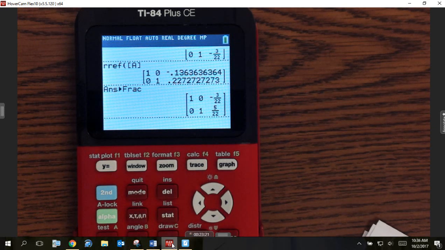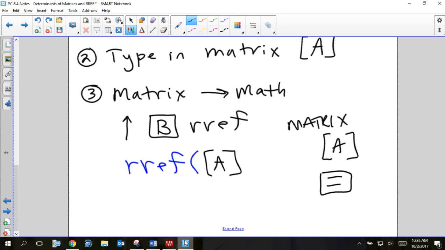All right, so what we have here is a matrix answer that is in the augmented matrix form. So I'm just going to write it on my paper so you can see how this gives us the answers. You can see the answers there, but I'll explain how that gives the answer.